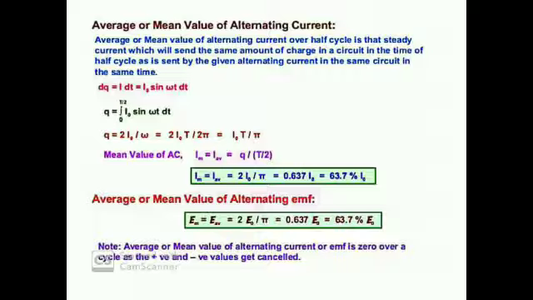Similarly, the average or mean value of alternating EMF, that is E average, is equal to 2 E naught by pi. So these are the average values. We can't find the average values over one complete cycle, so we have to find the mean value for alternating current and alternating voltage for half cycle.